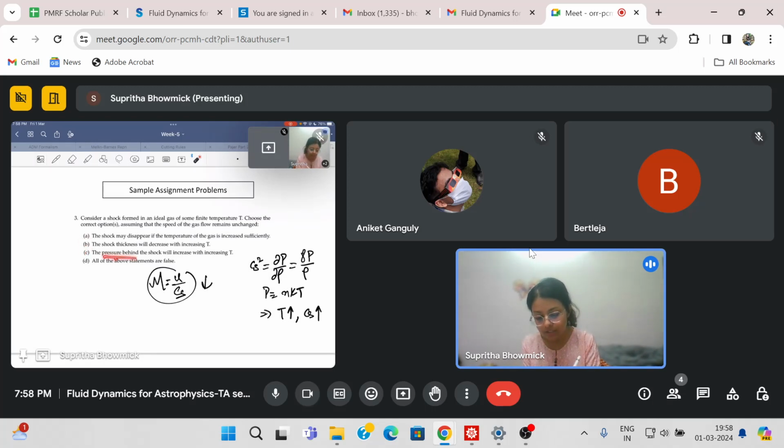The pressure behind the shock will increase with increasing T. Okay, so let's do this. With increasing T, Mach decreases.